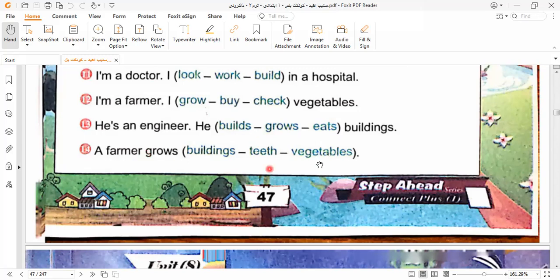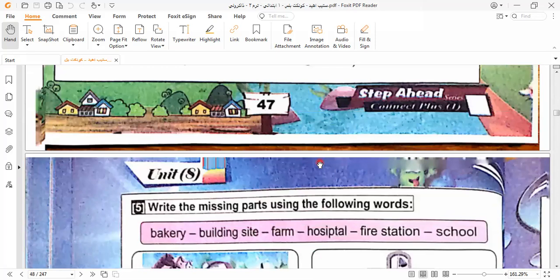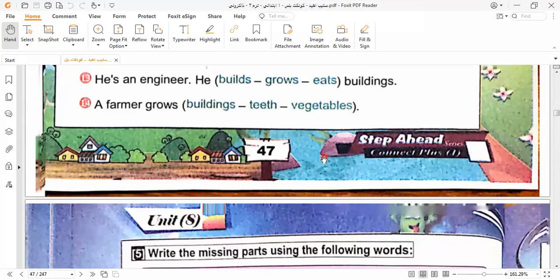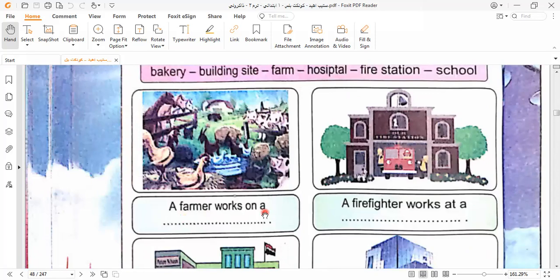Let's go to another. I'm telling you the wrong ones to know that they are wrong. To select, you think about what we selected. Grows. I told you grows is always followed by what? By groups like vegetables, like fruits, like rice, and so on. Yes. A farmer works on a farm.